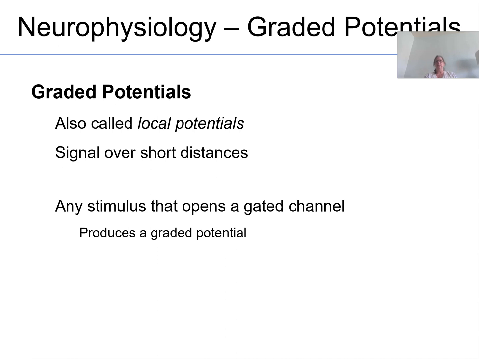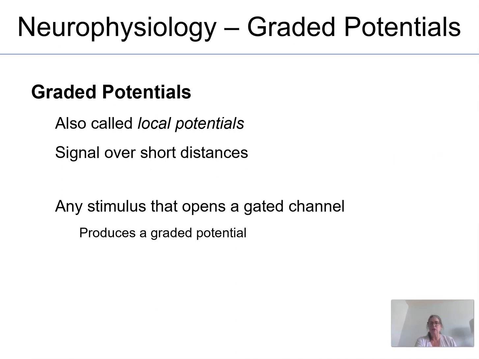Now, here's where it's a little bit different. We learned about a threshold stimulus already, but what happens in the neuron is that you have to get a graded potential first. If the graded potential is strong enough, then you get an action potential. A graded potential is also called a local potential because it signals over short distances.